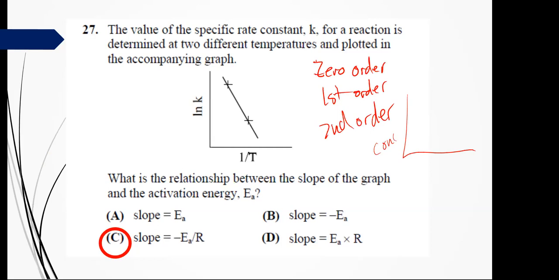And so you just want to make sure that you have an idea about when it should be 1 over K, when it should be the ln, when it will give you a straight line.